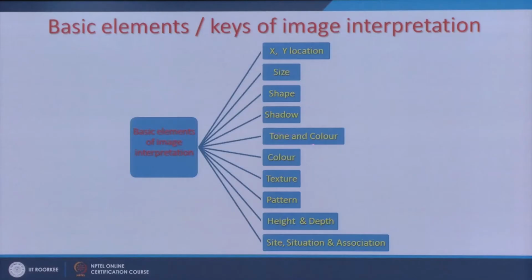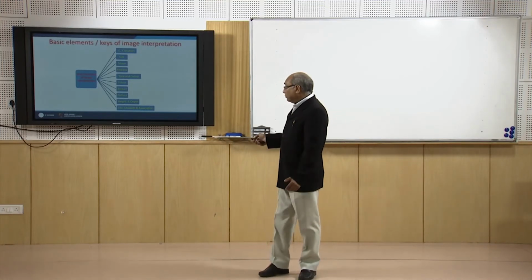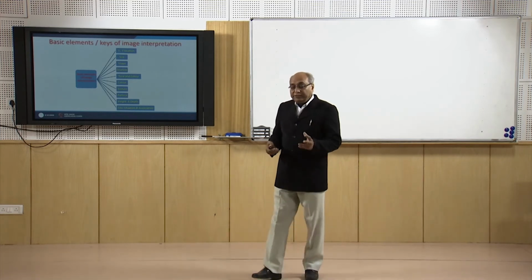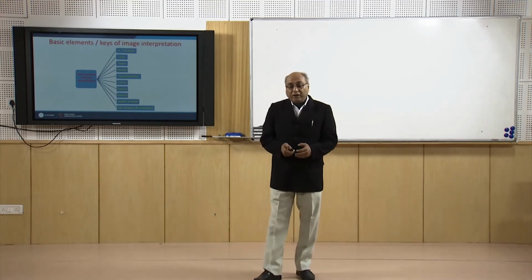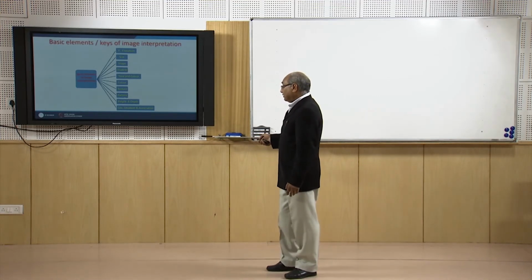Tone and color play a very important role, and then texture is also there, whether it is fine texture or coarse texture, depending on the type of objects present. Within a forest area you may find certain vegetation showing fine texture, and in the same forest area you may find other areas showing coarse texture.